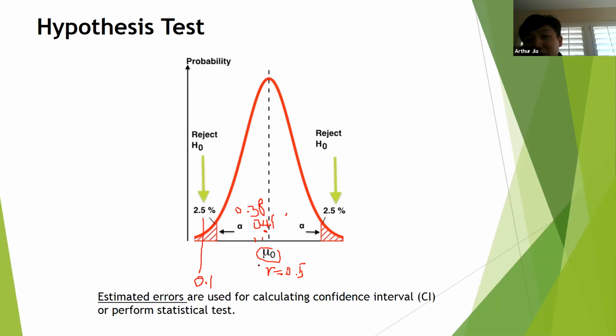It is far removed from R equals 0.5, which means your data is not supportive of your null hypothesis. So in this case, you're going to reject your null hypothesis and claim there's a strong linkage between A and B, right?